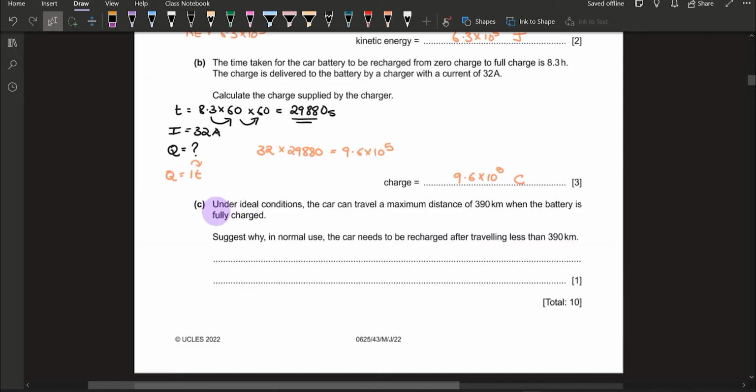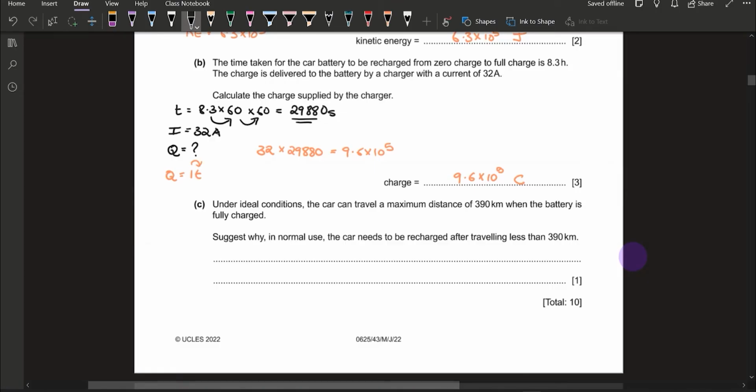Part C says under ideal conditions, the car can travel a maximum distance of this when the battery is fully charged. Suggest why in normal use the car needs to be recharged after traveling less than 390 kilometers. The reason is that in a real situation, the acceleration of the car is not constant. So we can write down that in a real situation, the acceleration might be increasing or decreasing, which will take more charge. So that's why it has to be charged before covering 390 kilometers.